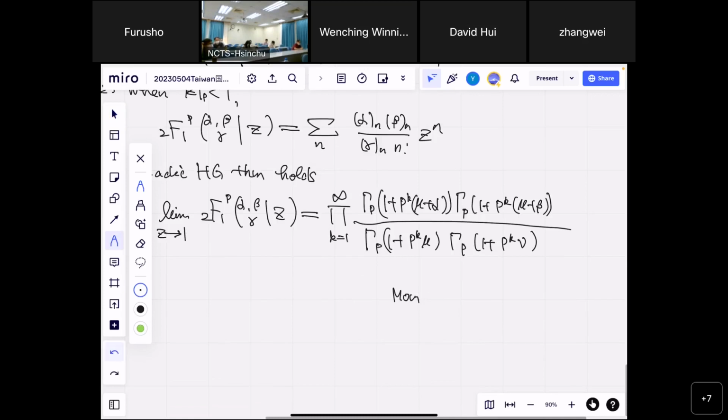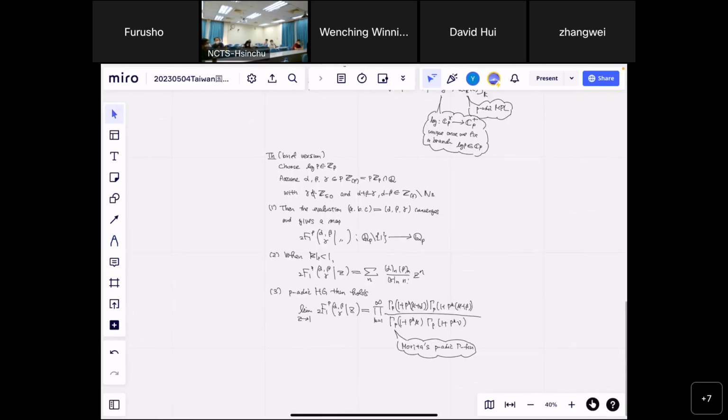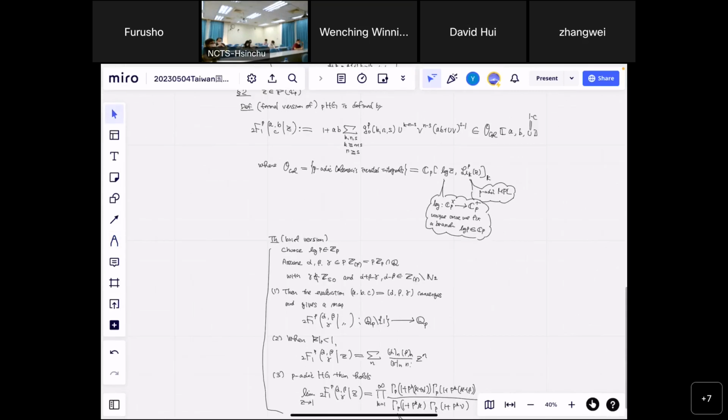For instance, this p-adic gamma function is the function studied by Yasuno. This is my result. So it's short.